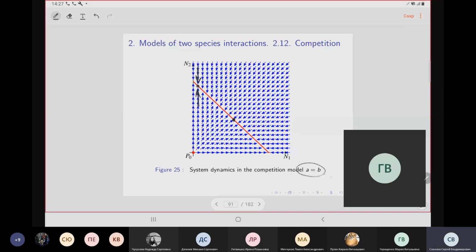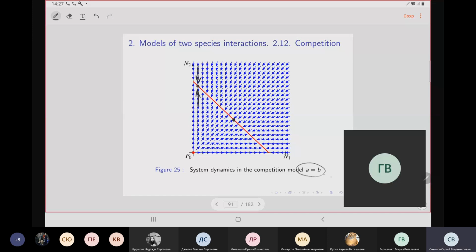We have seen that the picture when A is greater than B and when A is smaller than B are completely different. That's why we see this strange picture. One dynamic type becomes another dynamic type, and on the borderline there can exist something crazy.